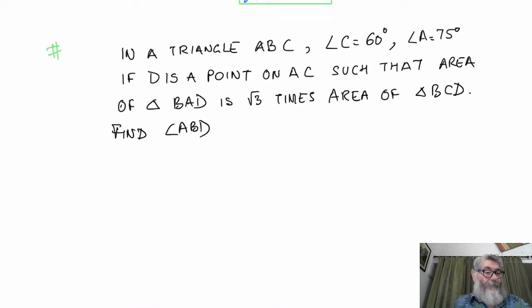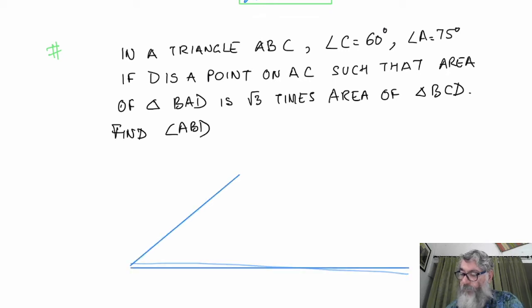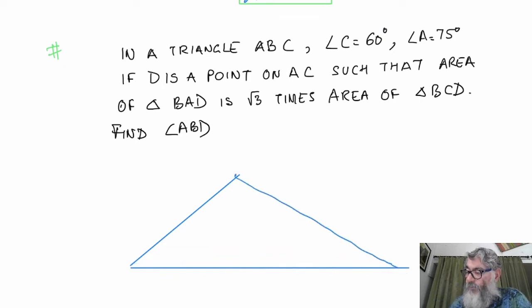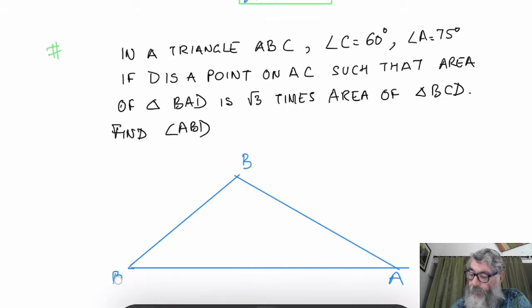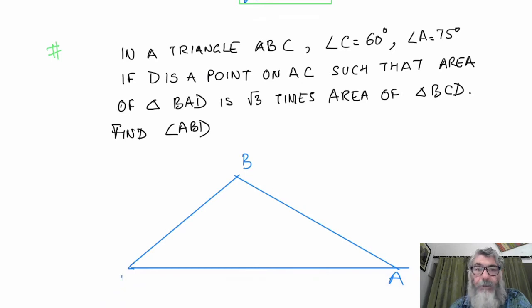Let's make the figure first of all. ABC is a triangle where angle C is 60 degrees and A is 75 degrees, and D is a point on the line AC.